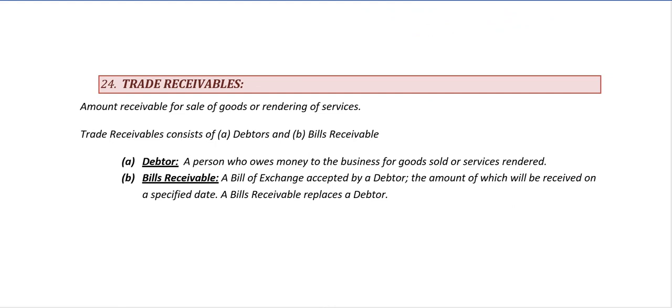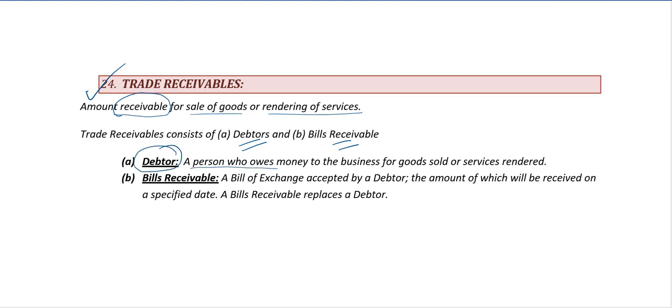24th term, trade receivables. This is the amount which is receivable for the sale of the goods or rendering of service. Trade receivables consists of debtors and bills receivable. Who's a debtor?